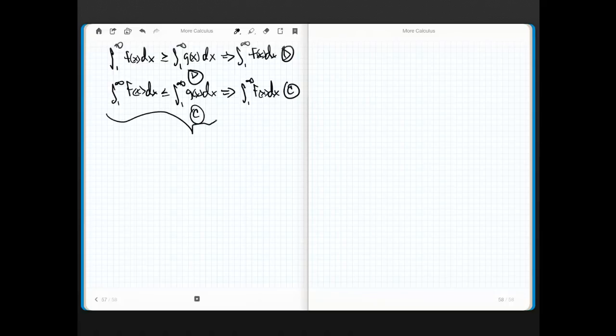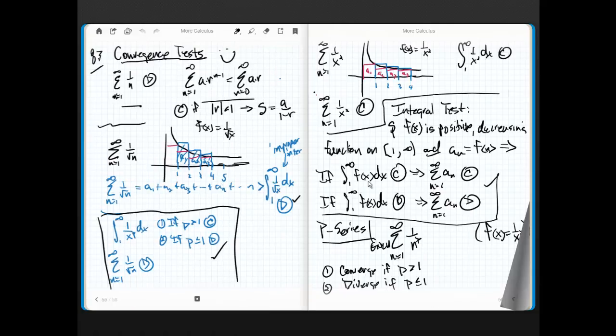And this was called the comparison test for integrals. Well, by virtue of the fact that we just married a bunch of positive series to these integrals, guess what we have?